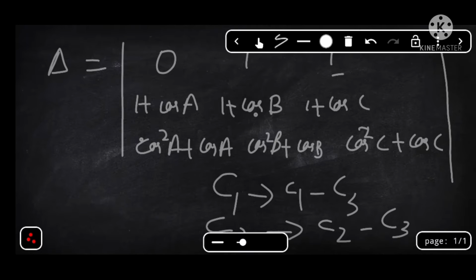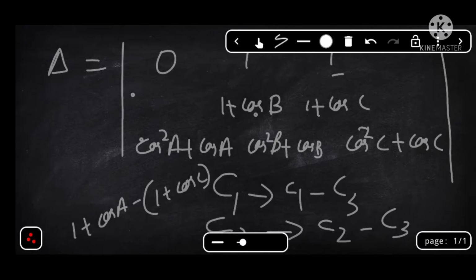Similarly, this term is going to be 1 plus cos A minus 1 plus cos C. So what will come there? It is going to be 1 plus cos A minus of 1 plus cos C, right?